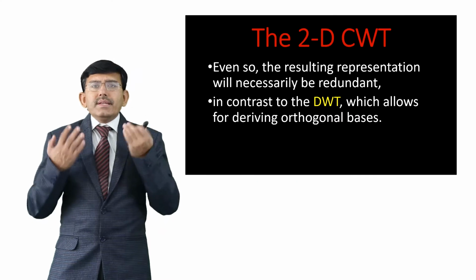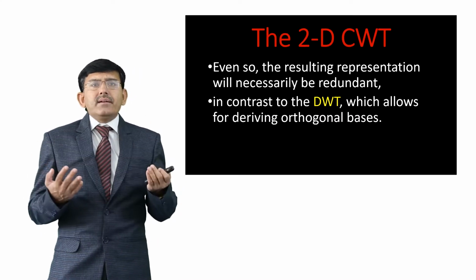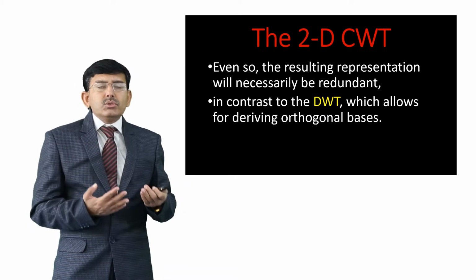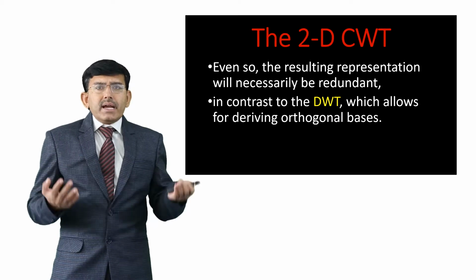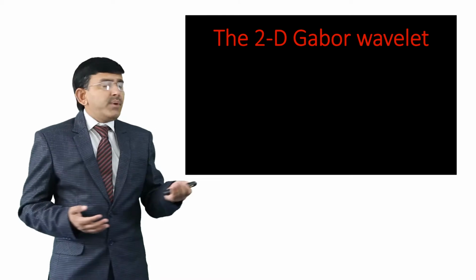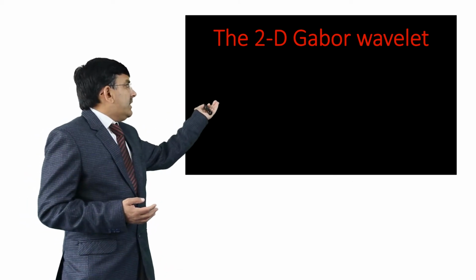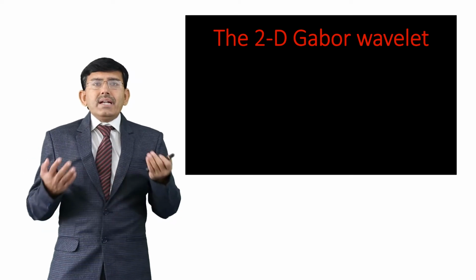Even so, the resulting representation will necessarily be redundant, in contrast to the DWT, which allows for deriving orthogonal bases. Now we will see the two-dimensional Gabor wavelet and how it is useful for extracting prominent lesions.